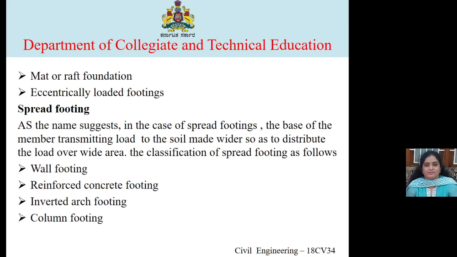Spread footing. As the name suggests, in the case of spread footing, the base of the member transmitting the load to the soil is made wider so as to distribute the load over a wider area.